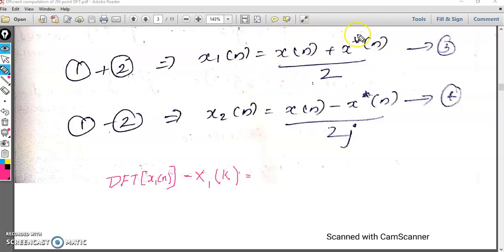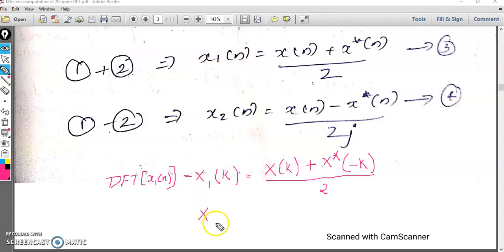If we take the DFT of x of n, that is x of k, plus the DFT of x conjugate of n. Using the complex conjugate property, we know that it is x conjugate of minus k. Divided by 2, that is the DFT of x1 of n, that is x1 of k.